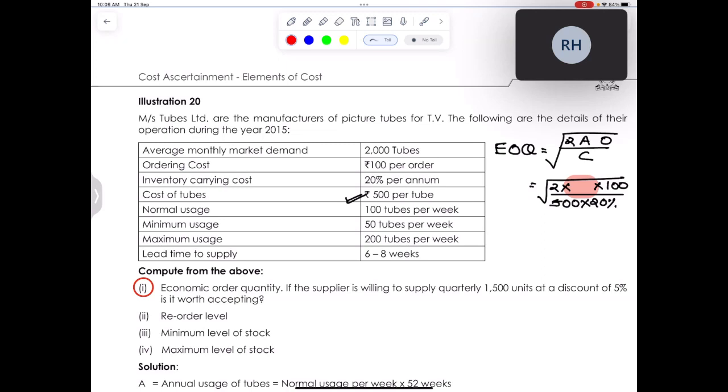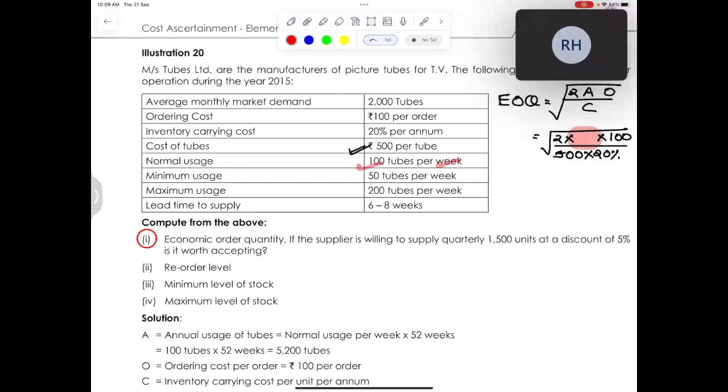While we require the annual requirement of raw material. So in this particular question, we have been given that the normal usage is 100 tubes per week. Maximum usage and minimum usage have been given. To compute the annual requirement of raw material, we require the consumption requirement of raw material. There is a very low probability that 50 and 200 tubes are used.